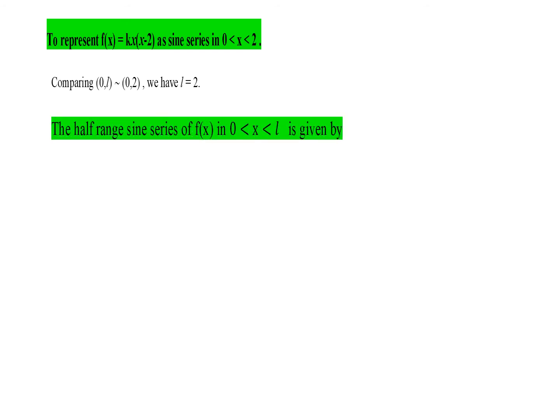And the half range sine series formula as usual, let us write that first. F of x equal to sigma bn sin n pi x by L, where bn is given by 2 by L integral 0 to L f of x sin n pi x by L dx. But before that we substitute L specifically as 2.